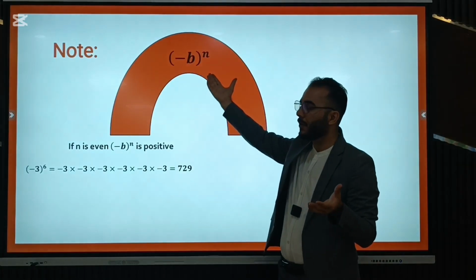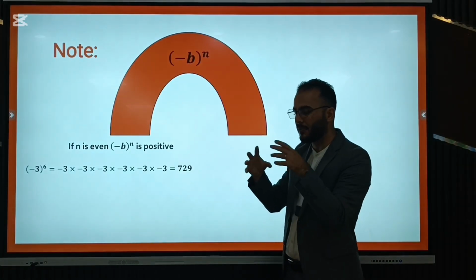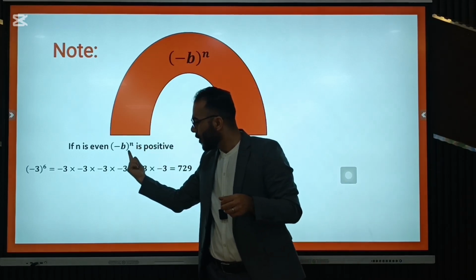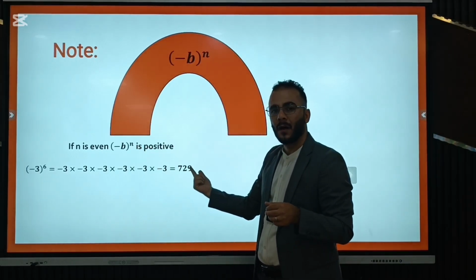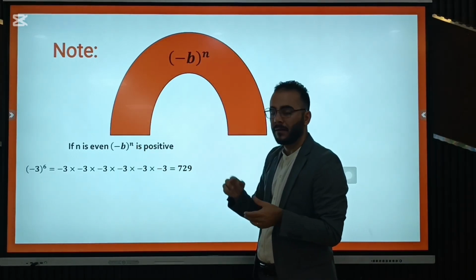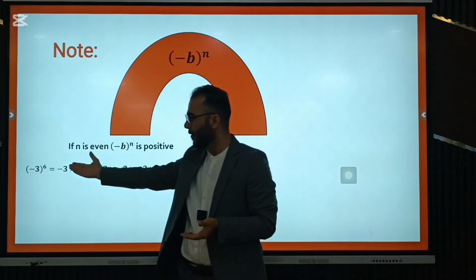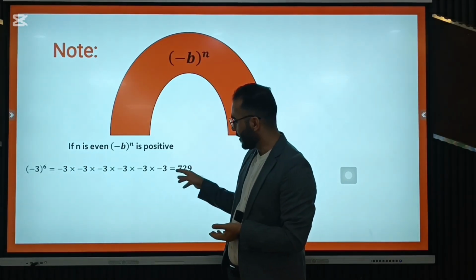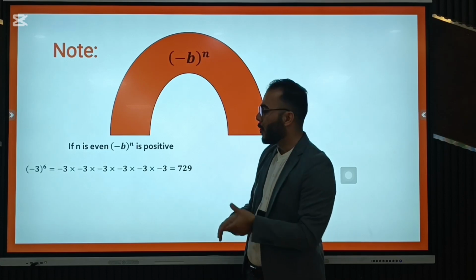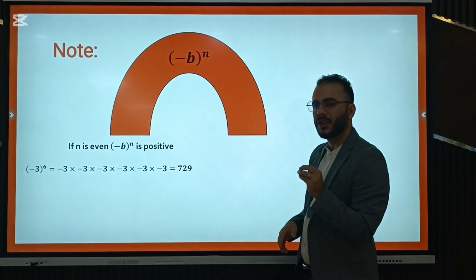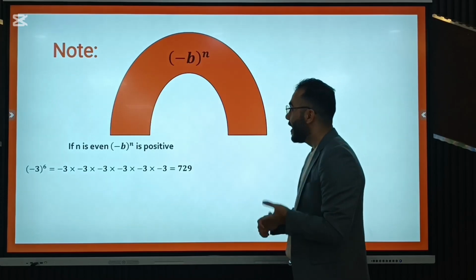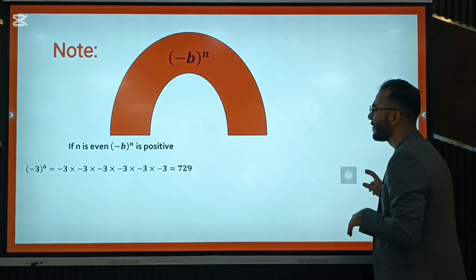When we have something negative in a bracket powered by a number, if that number is even, the result of that power form would be positive. For example, negative 3 to the power of 6. The result is positive 729, which means if you multiply negative 3 by itself 6 times, you are going to get positive 729.